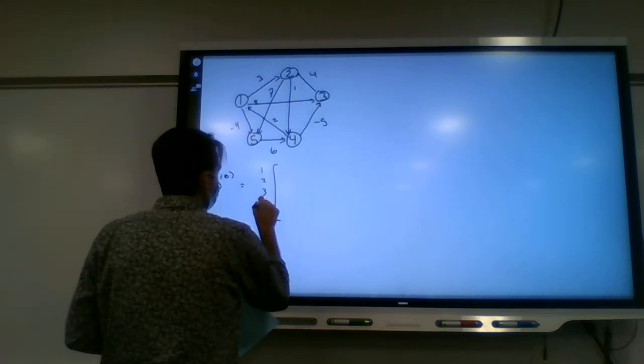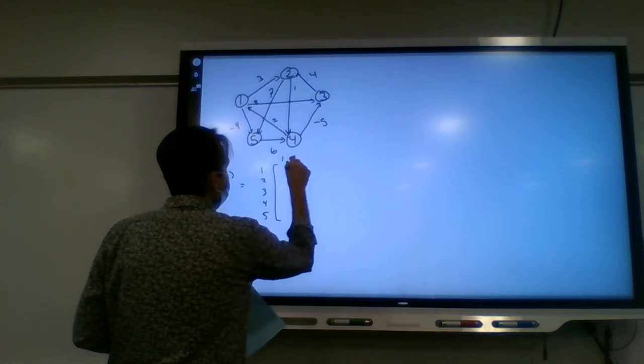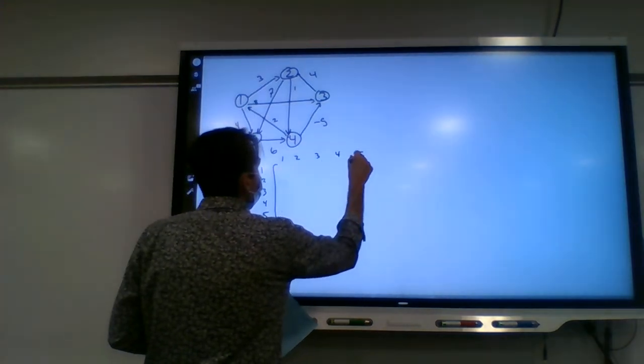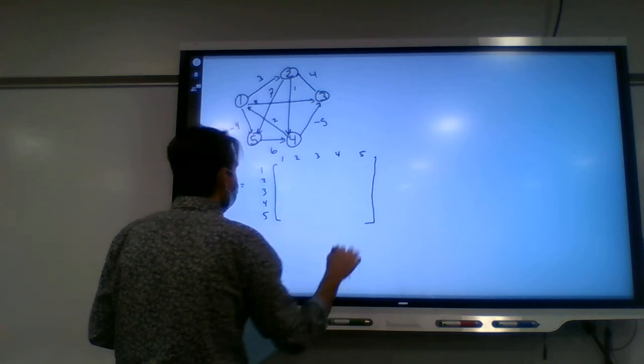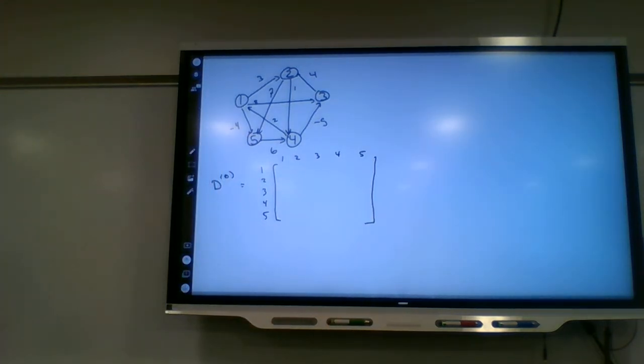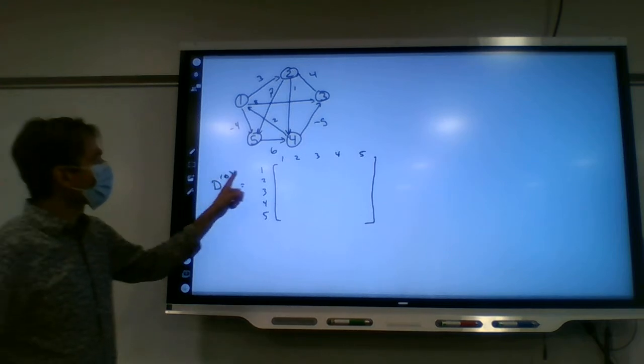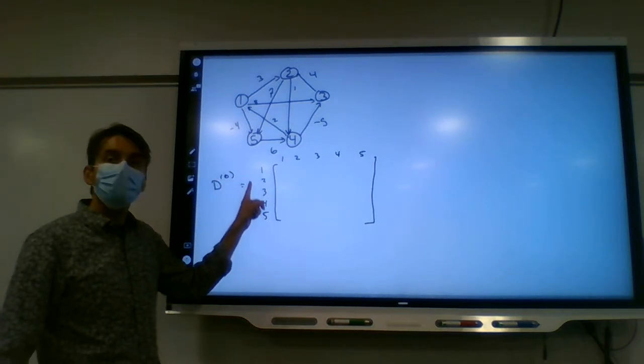Going to write these down, labeled so we can keep track.